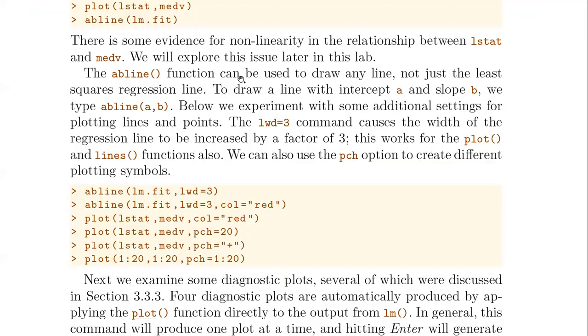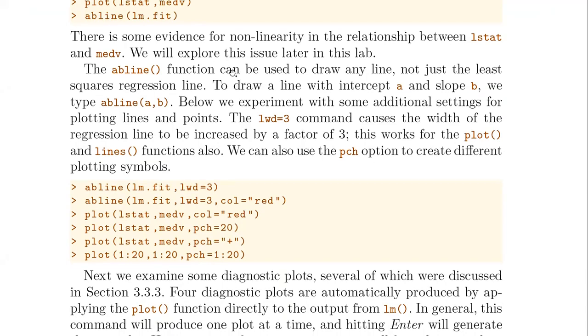There is some evidence for non-linearity in the relationship between LSTAT and median value. We will explore this issue later in this lab. The abline function can be used to draw any line, not just the least squares regression line.